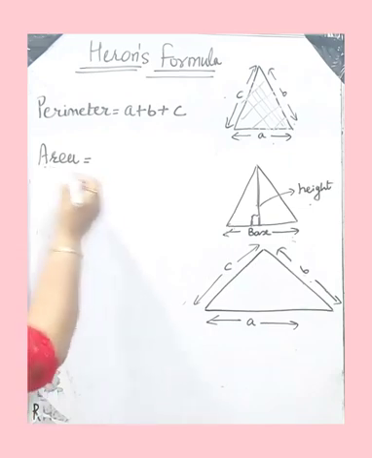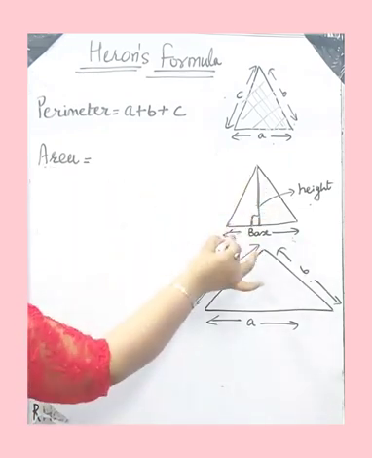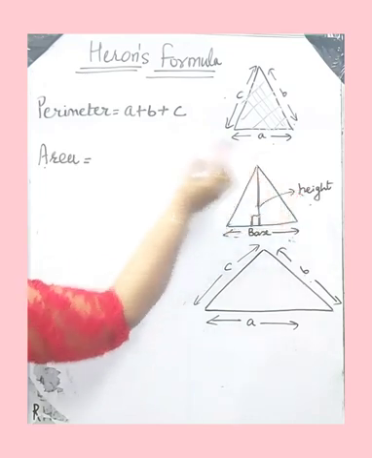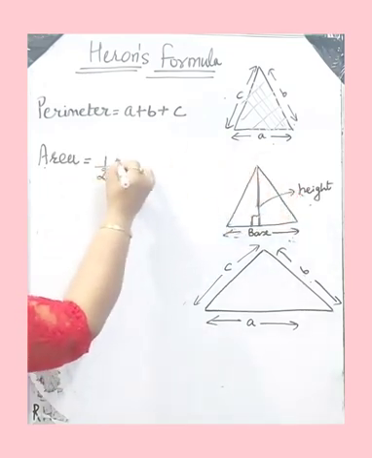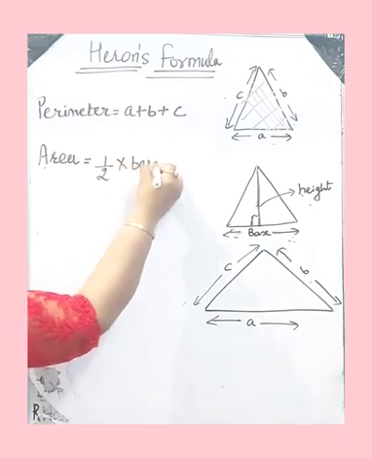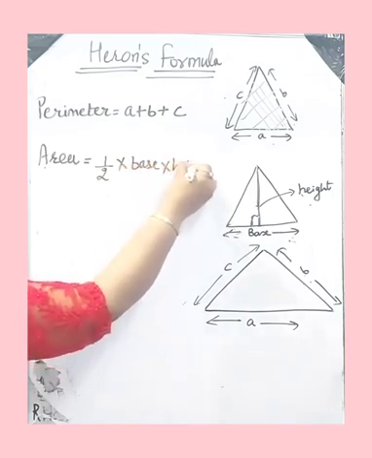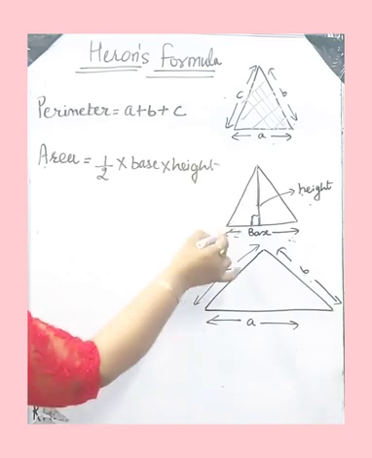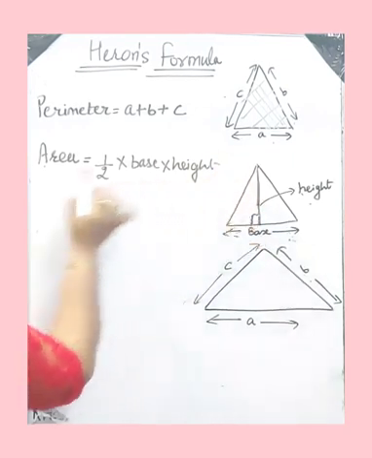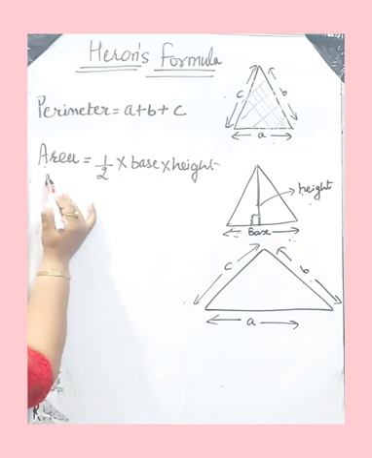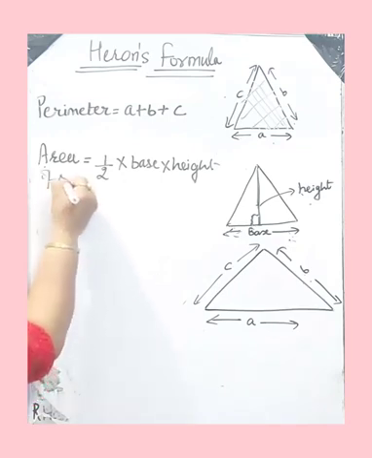Now, to find the area of a triangle whose base and height are given, we all know the area of a triangle equals half into base into height. So whenever the base and height of a triangle are given, we will apply this formula for finding the area of the triangle.